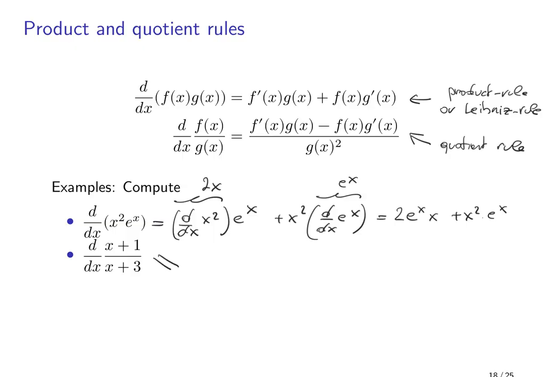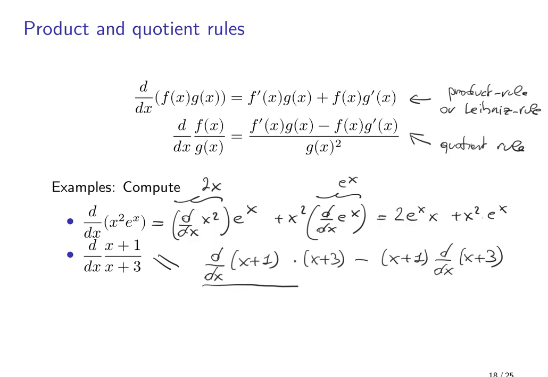Okay, moving on to the second example, that's a rational function, a quotient of 2 simple functions. What are we going to get? Well, a complicated fraction: the numerator is the derivative of x plus 1, times x plus 3, minus x plus 1 times the derivative of x plus 3, and all of that you divide by x plus 3 squared.